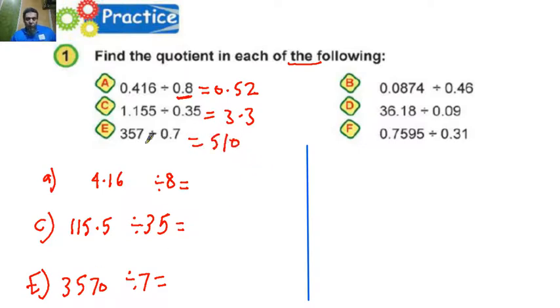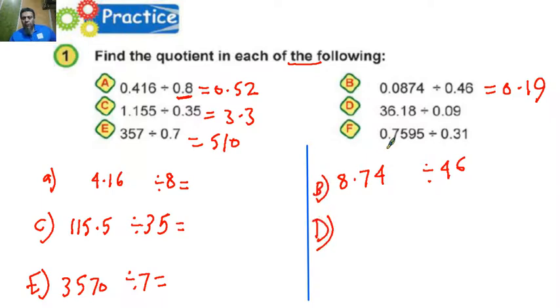The same for number F, multiply by 100, the divisor becomes 46, and the dividend becomes 8.74. Multiply by 100, and the result equals 0.19. Number D, multiply by 100, the divisor becomes 9, and the dividend becomes whole, 3,618.